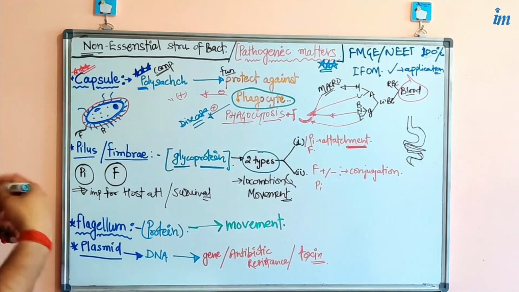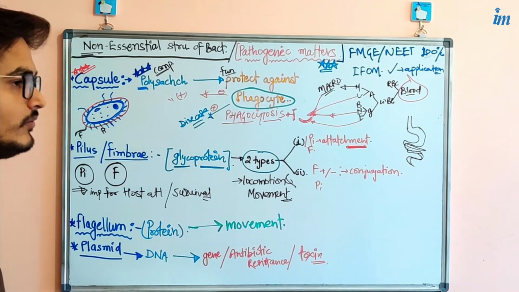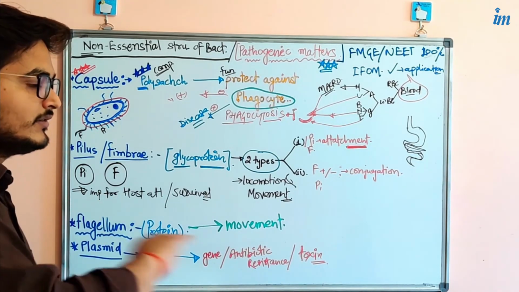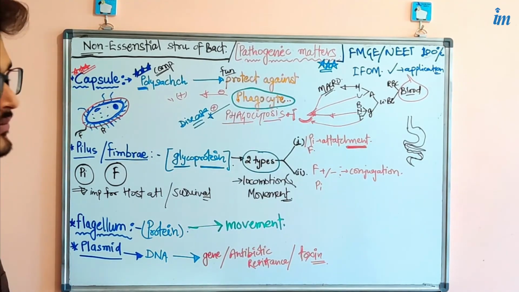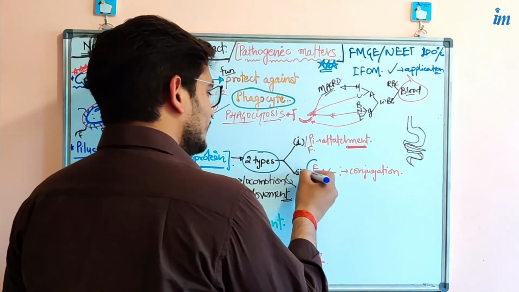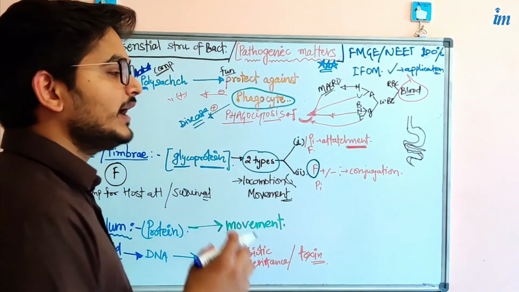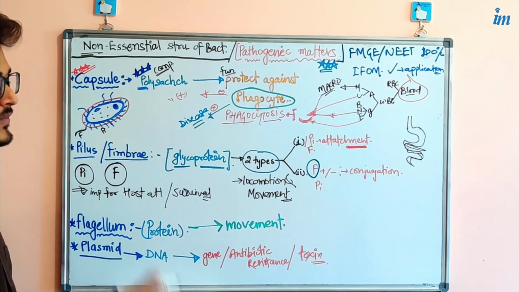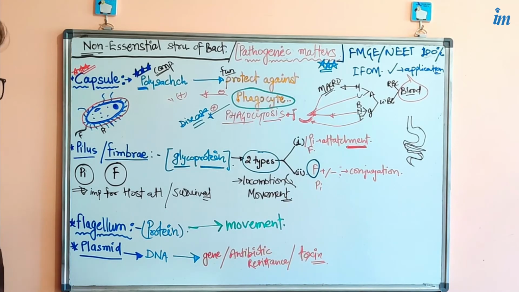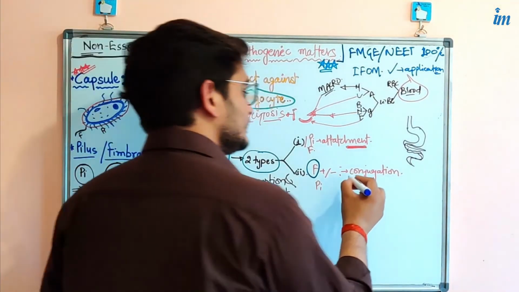For survival, we eat, we breathe, we move, we digest, we excrete. But one thing more: if you want one generation to carry on to another generation, there should be reproduction. In my previous video, I told you that bacteria, most of the time, do binary fission, but it is very important to keep in mind that not only binary fission is possible in bacteria, because other reproductive modes are also available, which is known as conjugation.